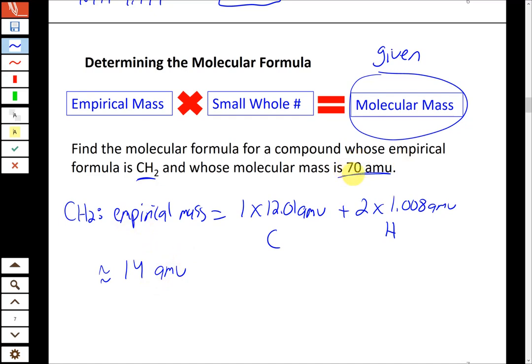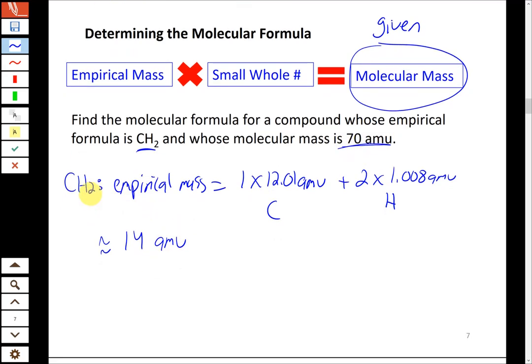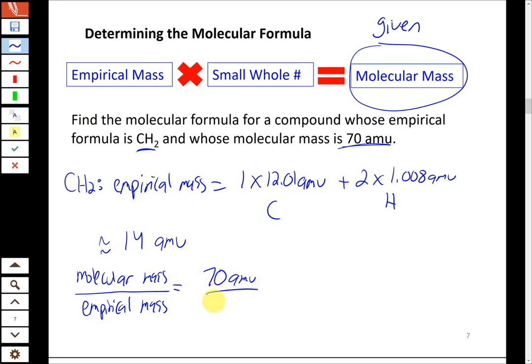Our molecular mass is 70. So then what we do is we divide the two to figure out the factor that relates the empirical and molecular formula. So if we take the molecular mass divided by the empirical mass, we have 70 AMUs is our given molecular mass, 14 AMUs is the empirical mass that we calculated, so that comes out to 5.